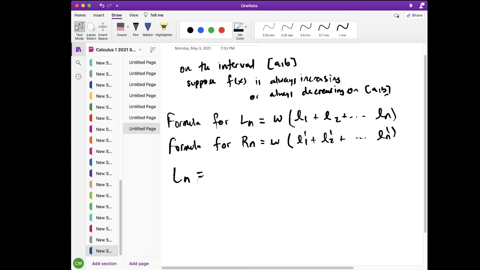What do I want my widths to be? So it's not going to be 1 over n in this case, but if I look at the interval AB, how do we determine W from that?